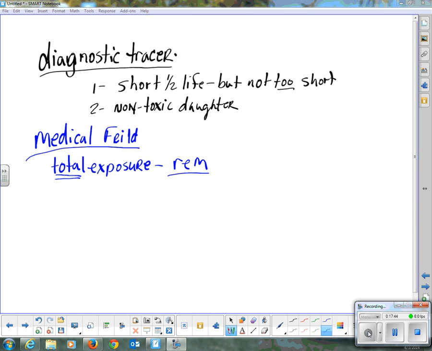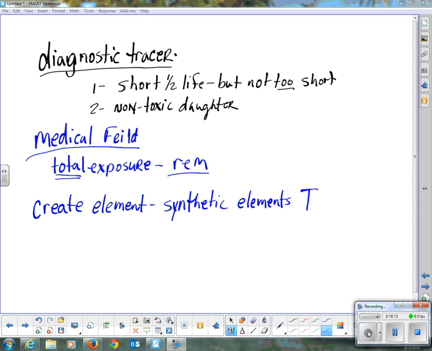We've been able to create elements. They're known as synthetic elements. And these elements, for the most part, are down at the bottom of the periodic table in the F and the lower part of the D. But technetium is also one of the ones that's up higher, number 43. It is a man-made element.